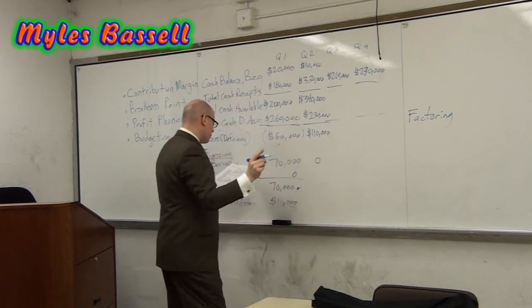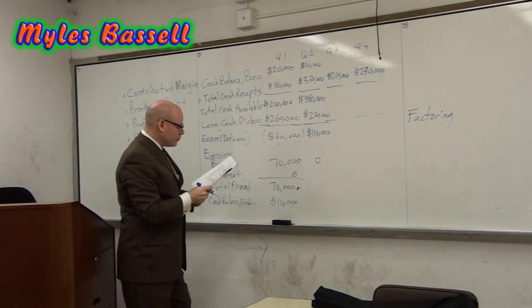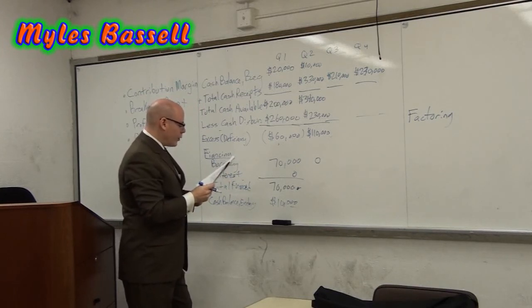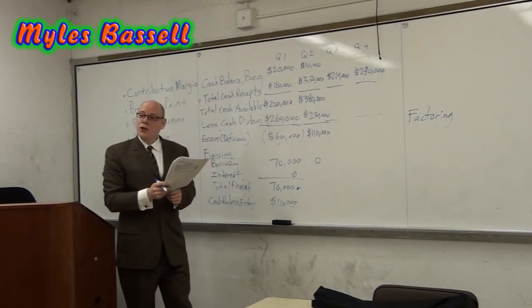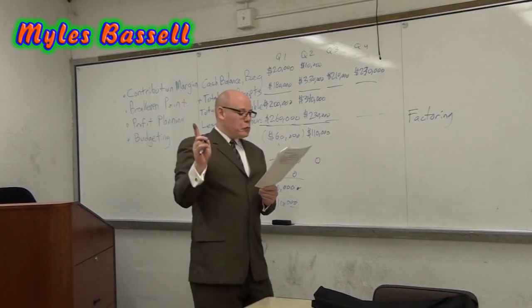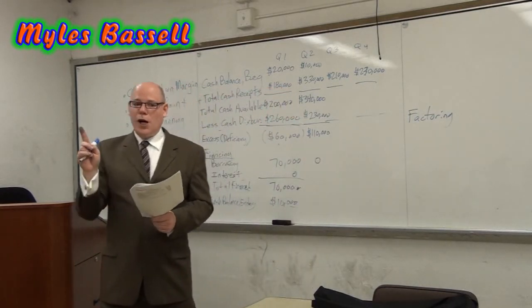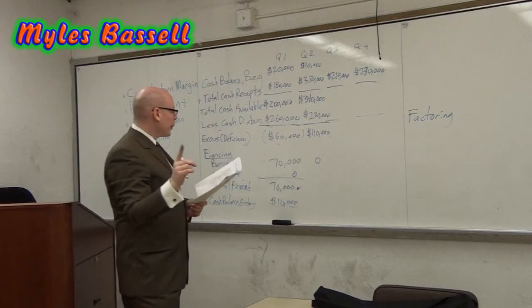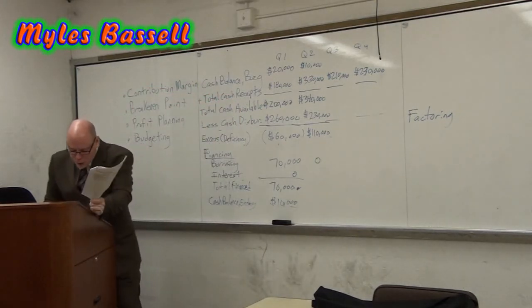But now we have to pay the interest. So how much are we going to pay? 2,100. It's more than 2,100. Why? What does it tell us about when we borrow the money and when we pay the interest?